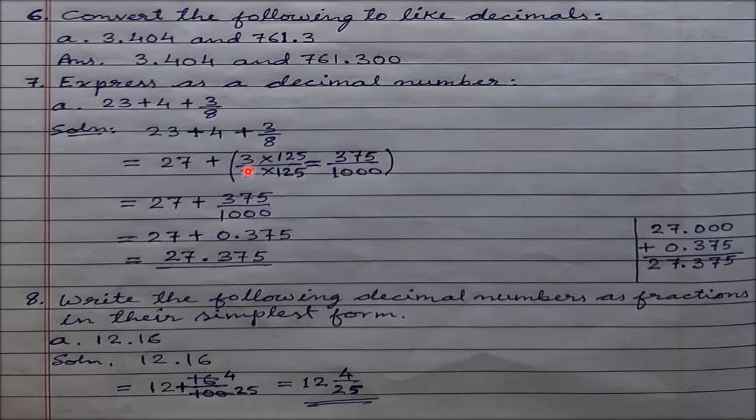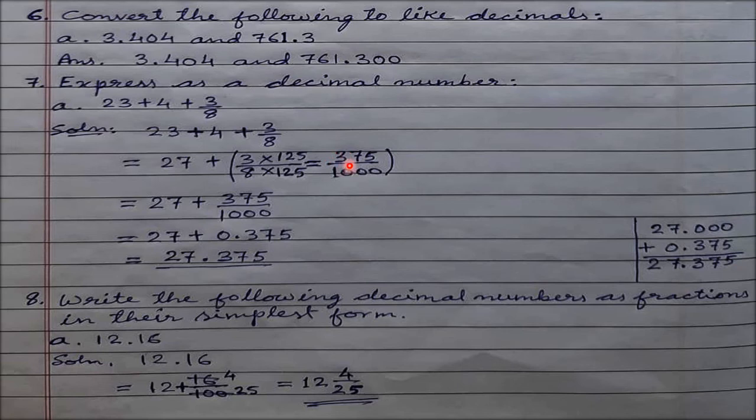You should remember that in the table of 8, multiplied with something, you will not get 10, because 8 two times will be 16. So 10 is not possible. Now 100, in the table of 8 you don't get 100 either, but 1000 you can get. How many times? 8 times 125 is 1000. So with that 125 we will multiply the numerator also, 3 into 125.